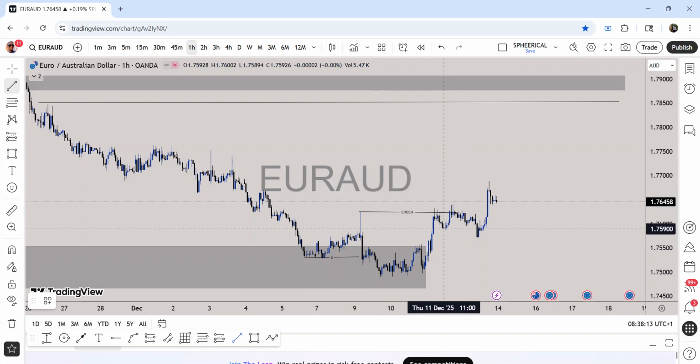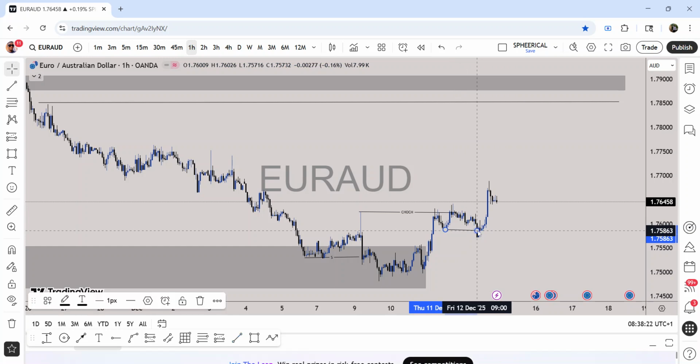The market swept the people that must have bought here and put their stop loss below this candlestick. The market came down, swept them out, then moved up immediately.